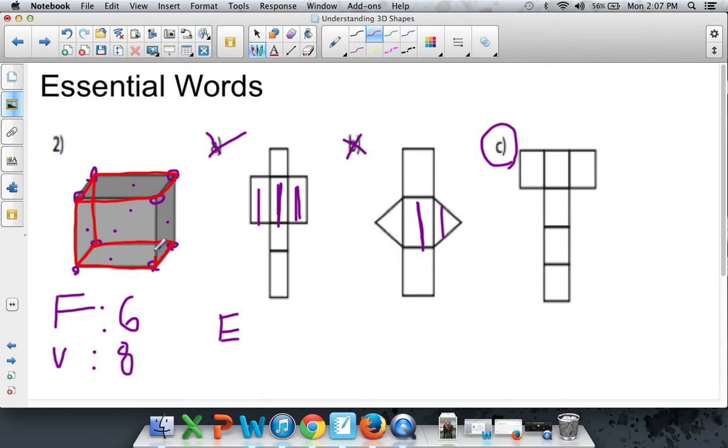Are we doing this right? 11, 12. Did we do it? I think we did it. 12 edges. Basically, the edges are anything, like any line that you could take your finger in real life and trace it with your finger and feel the edge. You know what I'm saying? All right, let's move on.